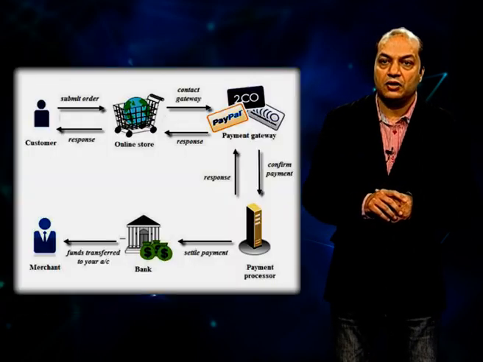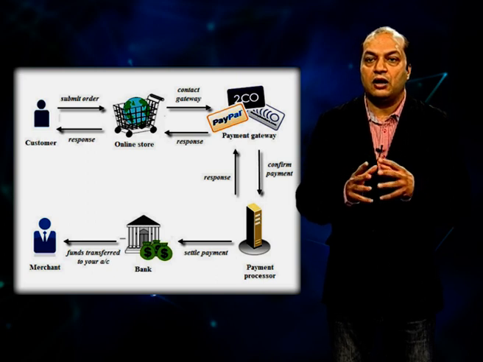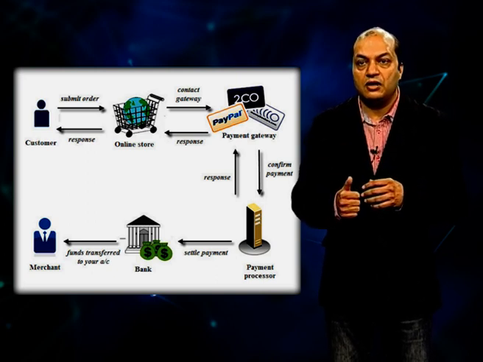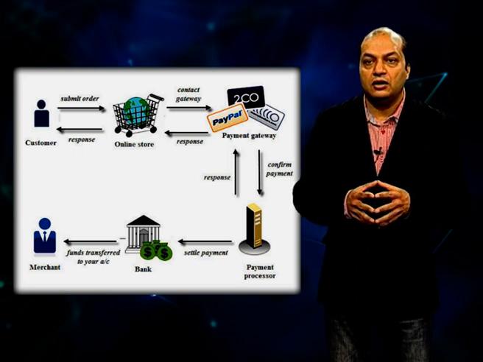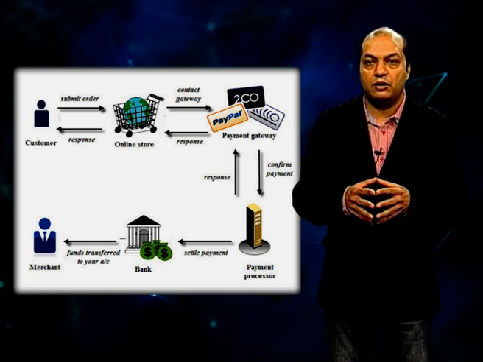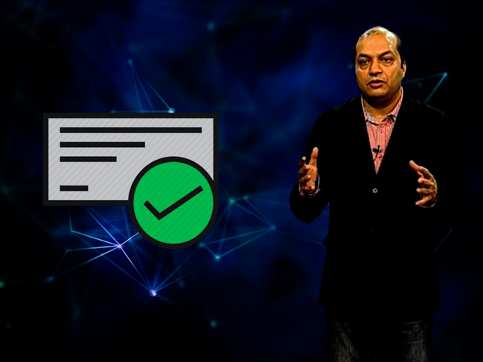Now, here the customer bank will check whether the account has sufficient balance, whether the card is valid or not, etc. So, a few validations are done from the customer bank side. If everything is found to be okay, then the customer bank will approve that payment.